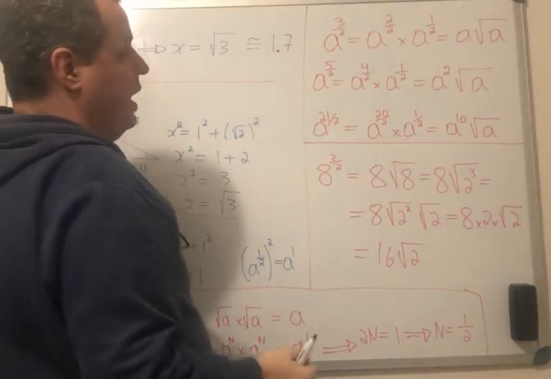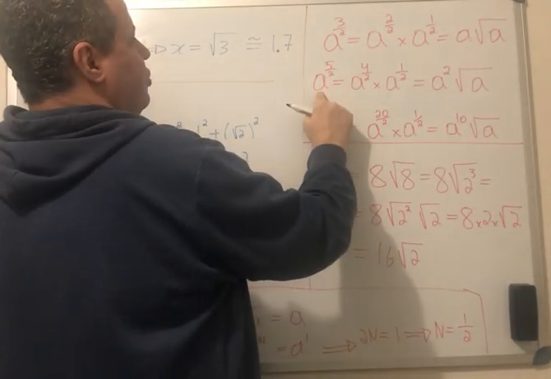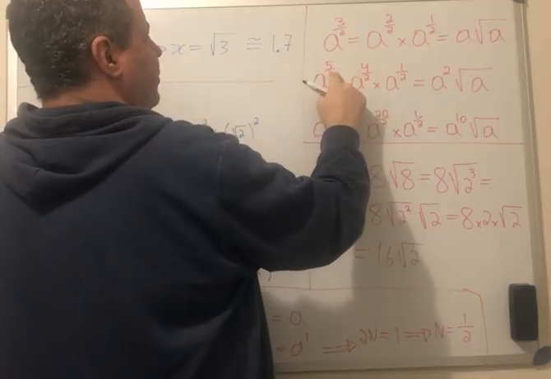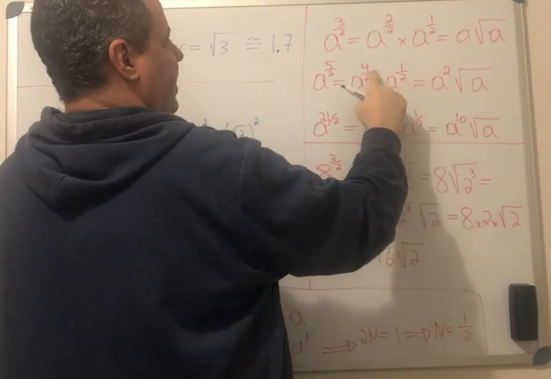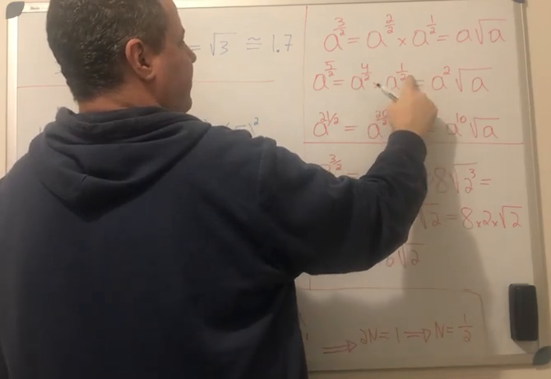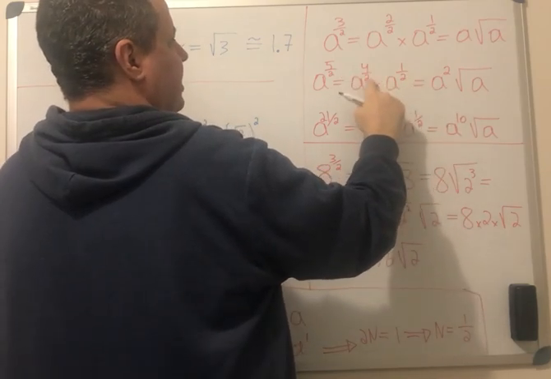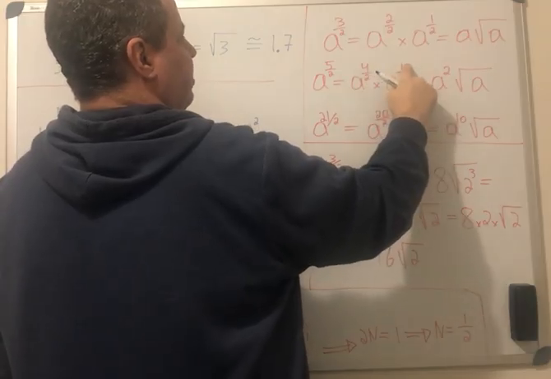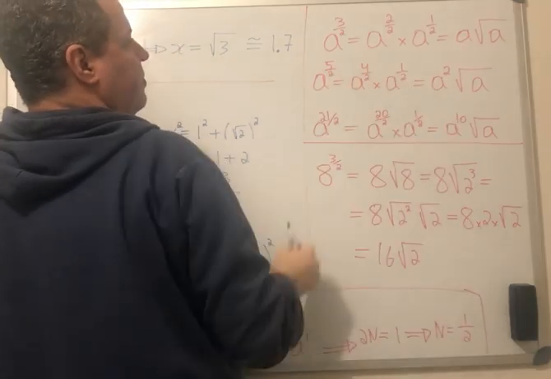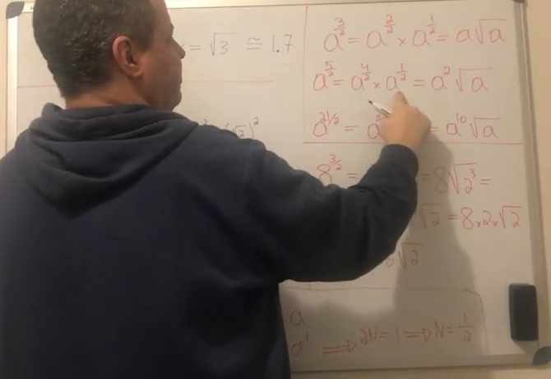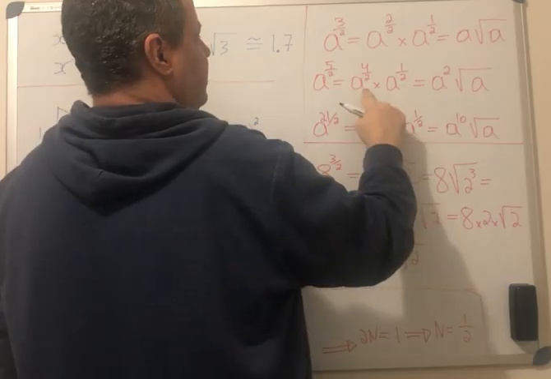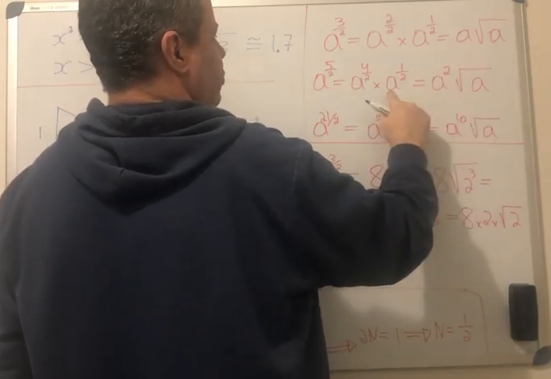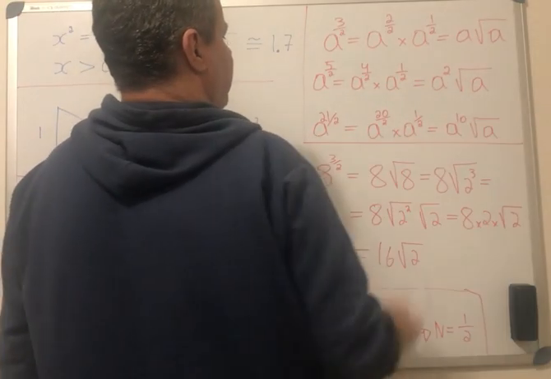Okay? Surprising. a to the power 5 over 2. 5 over 2 equals 4 over 2 plus 1 over 2. If I add up 4 over 2 and 1 half, I repeat the denominator 2 and add 4 plus 1, which is 5. So I have this. 4 over 2, of course, is 2. So this is a squared, and a to the power 1 half is the square root of a.